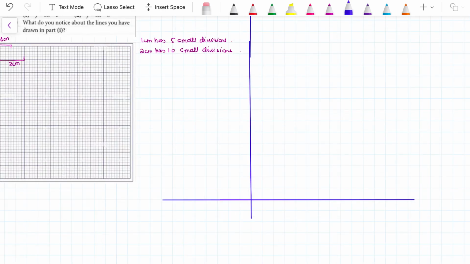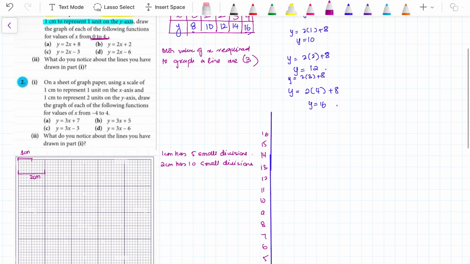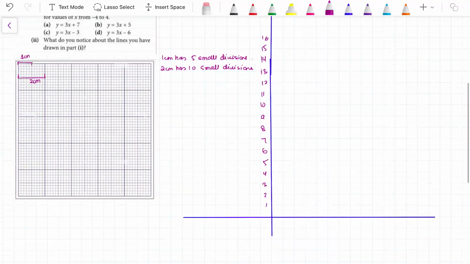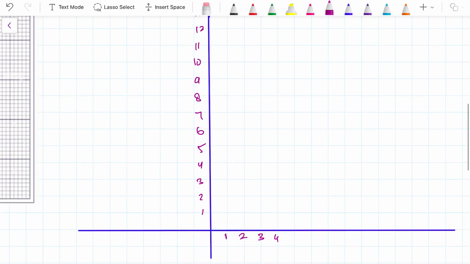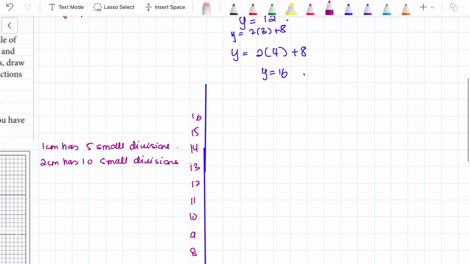Over here, I'm taking one box as 1 centimeter. You will be doing it on your graph paper. 1, 2, 3, 4, 5, 6, 7, 8, 9, 10, 11, 12, 13, 14, 15, 16.